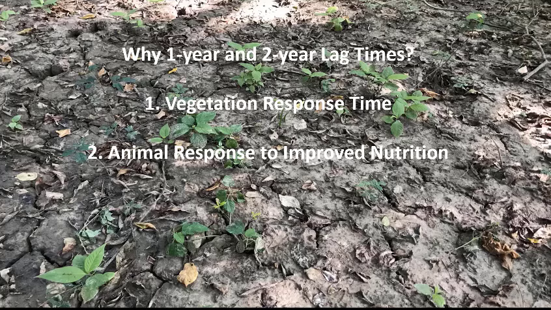And so the vegetation takes time to respond to the flood, and a very recent flood, the vegetation hasn't been able to respond yet. If it's a year or 2 years prior, that siltation that took place due to the flood is essentially fertilizer, and that fertilizer is going to stimulate growth in subsequent years. And then the animals respond to improved nutrition. And that's why we have these 1 and 2 year time lags.